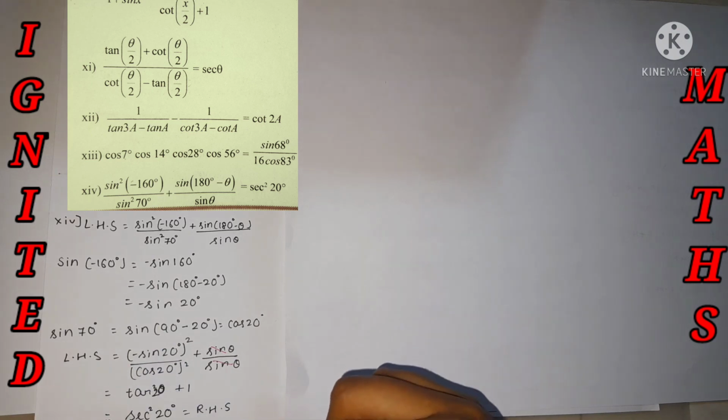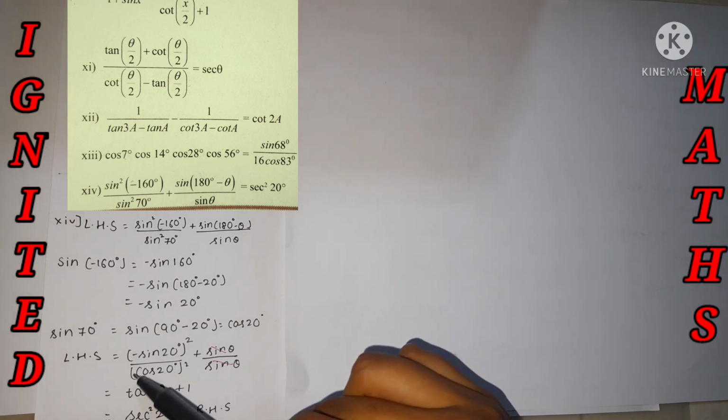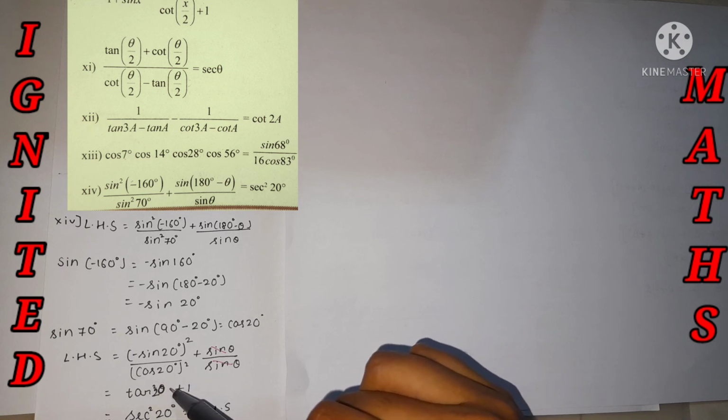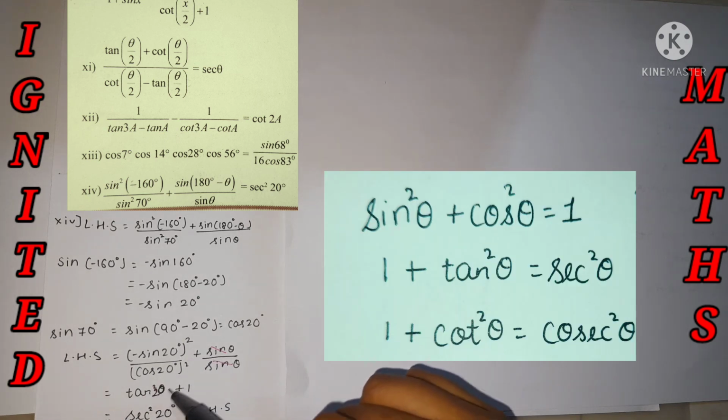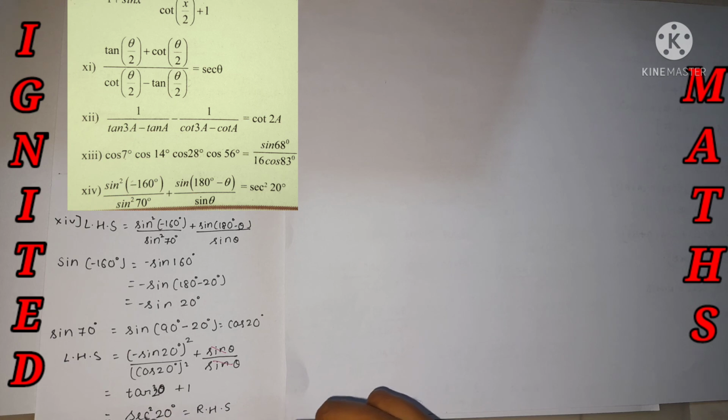The minus just vanishes because of the square, divided by cos square 20 degree. It's nothing but sine theta divided by cos theta is equal to tan theta. Just put the value, tan square 20 degree. 1 plus tan square theta is equal to sec square theta, but over here theta is 20 degree, so it is equal to sec square 20 degree. That is nothing but the RHS value.